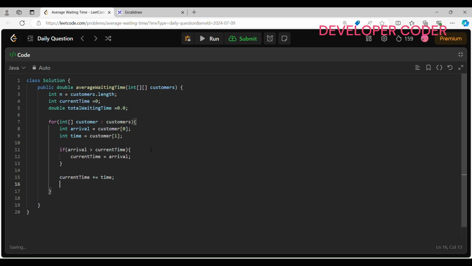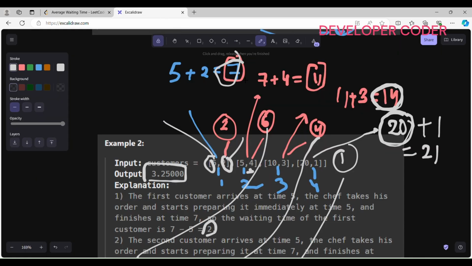And total waiting time, simple sum we have to do. Total waiting time plus equal to current time minus arrival. Okay, so we have to find the average time now. So here, this 7, and from this 7 I am subtracting this 5. 7 minus 5 is equal to 2, which gives me the waiting time, right?